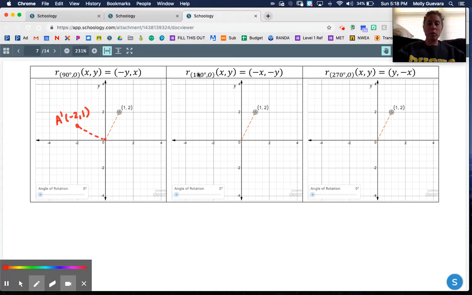Okay? If I'm rotating it at 180, notice that the X and the Y stay in the same position. They just become negative. So in this case, I'll have -1, -2. So -1, -2. So this would be A prime if I was asked to rotate 180 degrees around the origin.